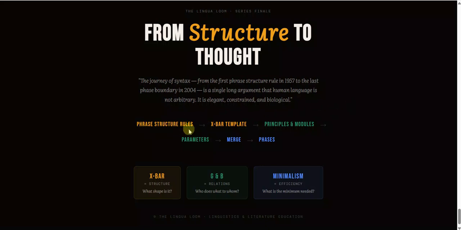So it started from phrase structure rules, then moving to the X-bar template, then principles and modules and parameters, then Merge, and then phases. So this is just the whole crux. That is, X-bar is structure, what shape is it? GB is relation, who does what to whom? Minimalism is efficiency, what is the minimum need?